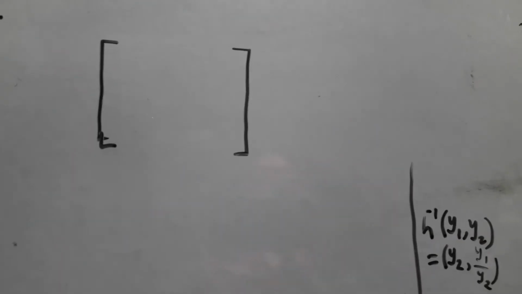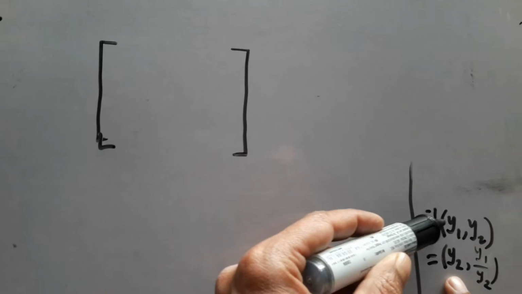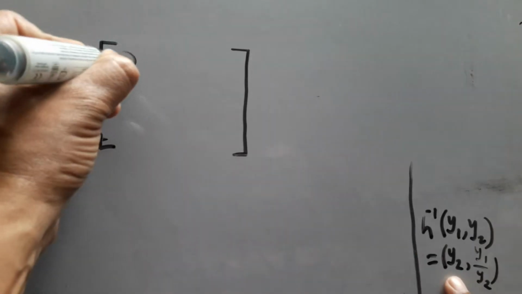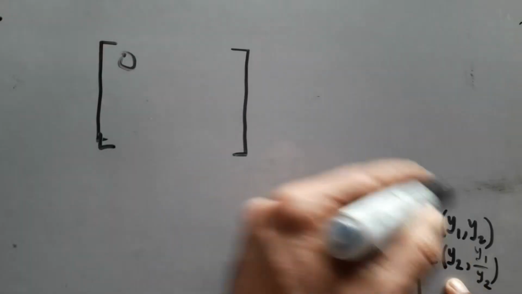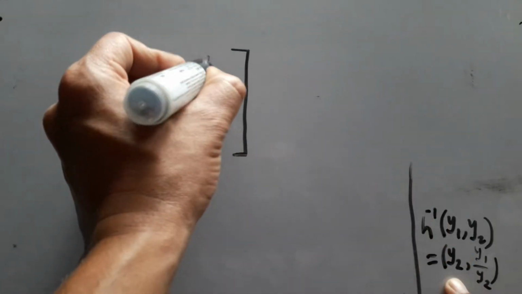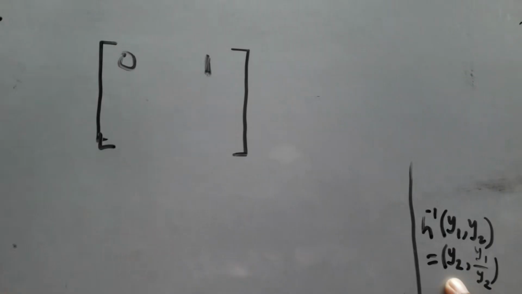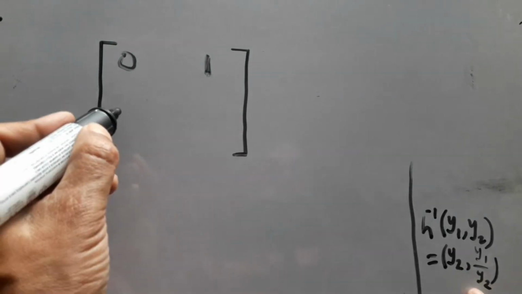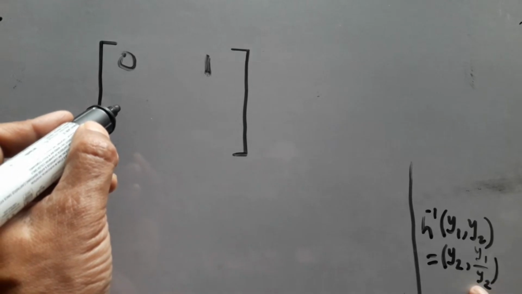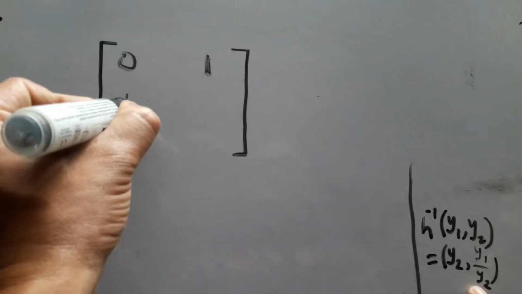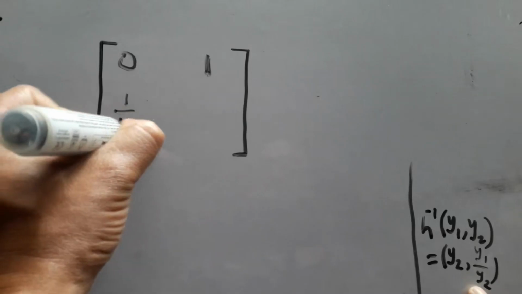Now we have to compute the Jacobian of this H inverse. I take the first component, which is y2, and differentiate this with respect to the first argument y1, so I get 0. Now I take the same component, but differentiate it with respect to the second one, so I get 1, the partial derivative of y2 with respect to y2. Now I come to this component y1 by y2, partially differentiate with respect to y1, and you will get 1 by y2.